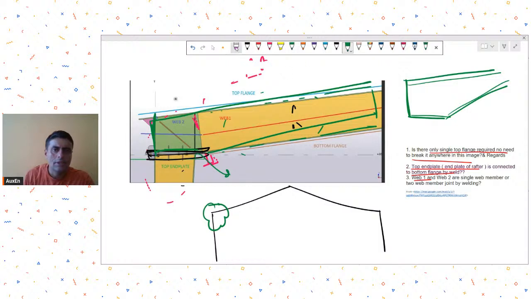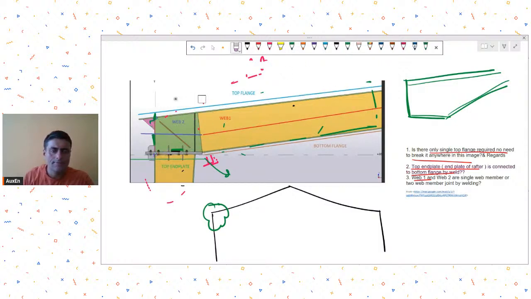Now the question is, what is the question being asked? First question is asking, is there only a single top flange required, no need to break it anywhere? Yeah, see, now what you could do is, you could cut this. So this could be one flange, this could be another flange plate, this could be web.